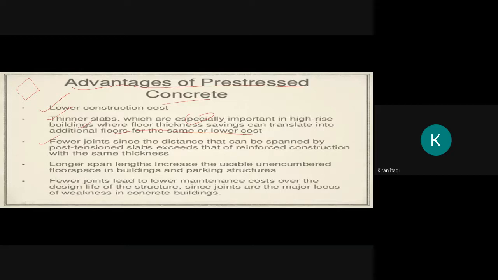Fewer joints, only fewer joints will be there. Long spans, this is also most important. Longer span length increases the usable uncambered floor space in the building and parking structures. Okay, again fewer joints.